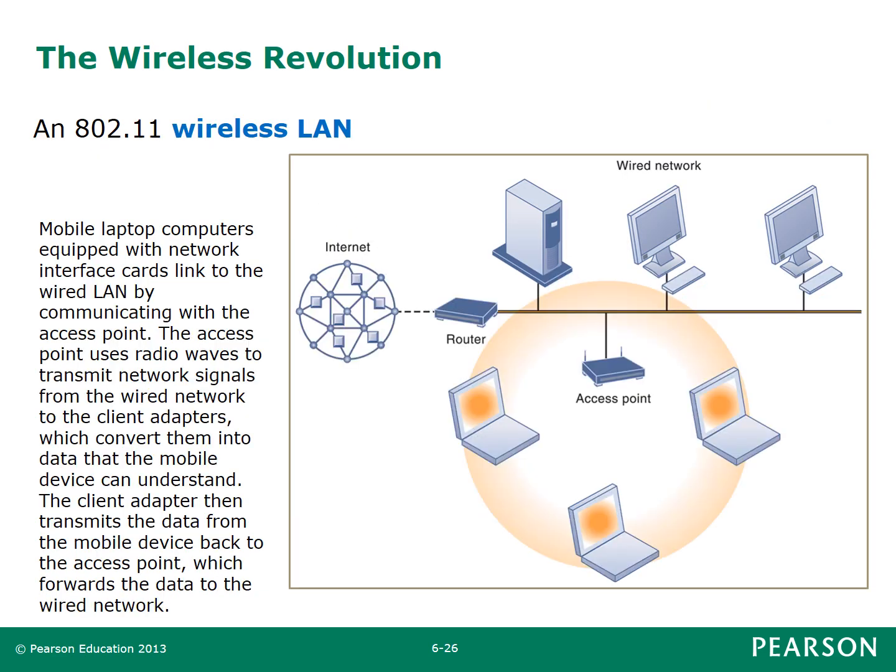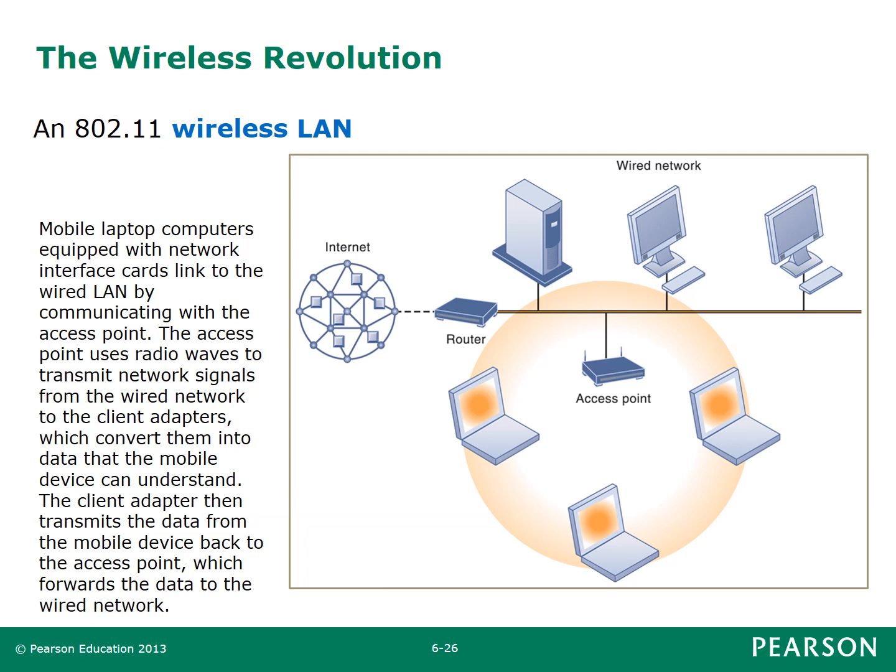In contrast to the wireless personal area network, wireless LANs have greater transmission power and ranges and generally offer higher data transmission rates. This graphic illustrates an 802.11 wireless LAN operating in infrastructure mode that connects a small number of mobile devices to a larger wired LAN. Most wireless devices are client machines.